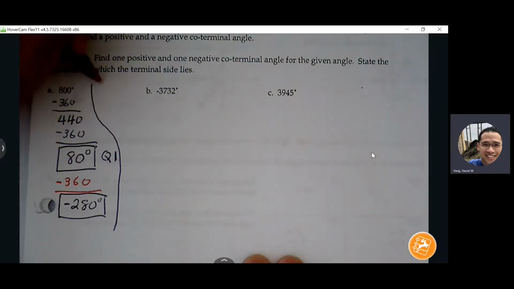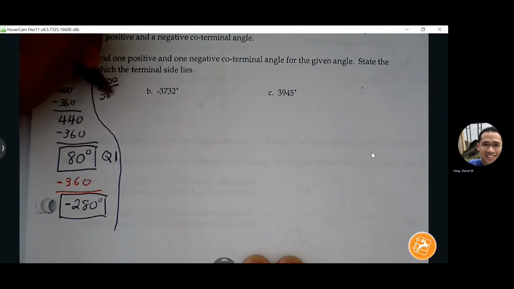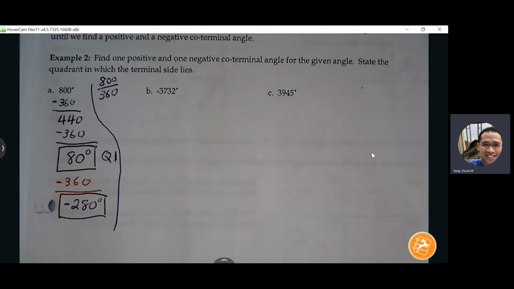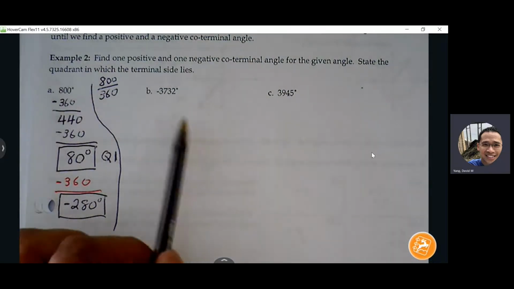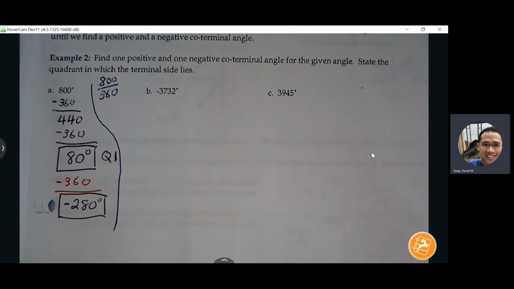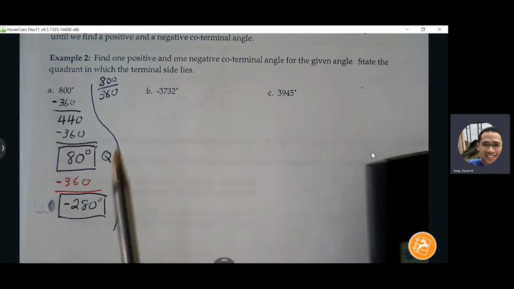But if the number is too large, what you can do is divide by 360 so that you have an idea about how many rotations out you are dealing with, okay? So I just want to practice this method for larger angles that you don't want to keep doing something like 5, 6, 7 times.